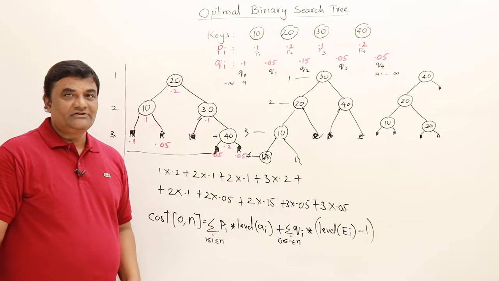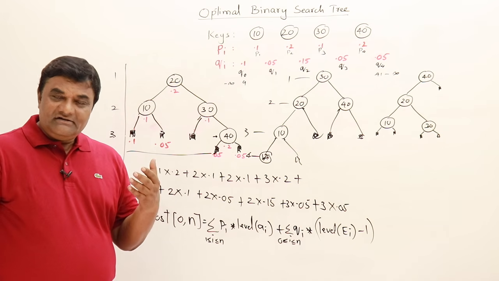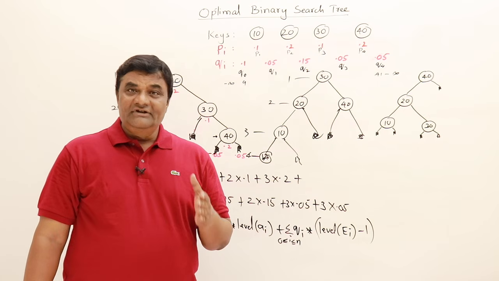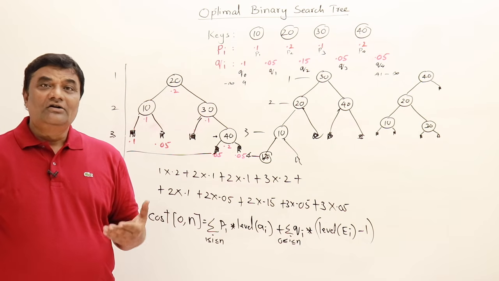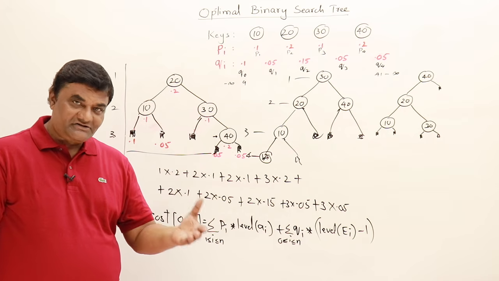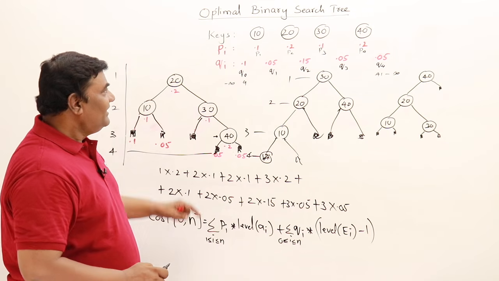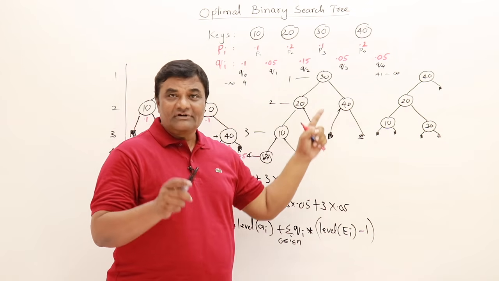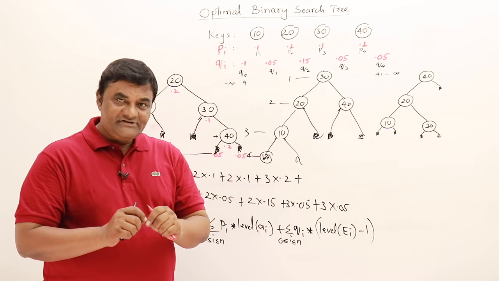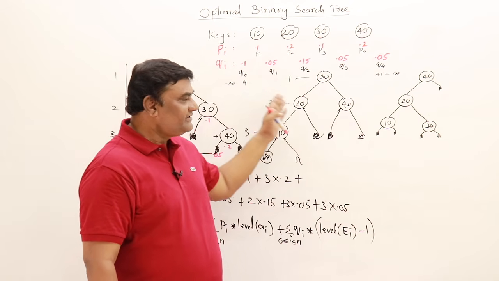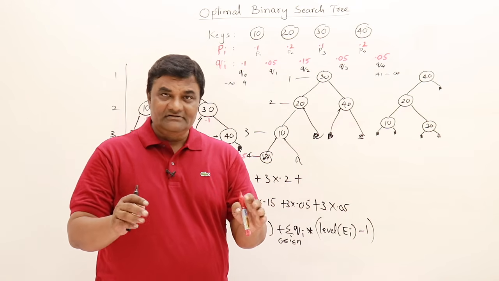All right. So now next we'll move to the next step, that is we will learn what does it mean by optimal binary search tree. See, assume that we have the keys here, and for every key there is a successful search probability as well as unsuccessful search probabilities. These are given.